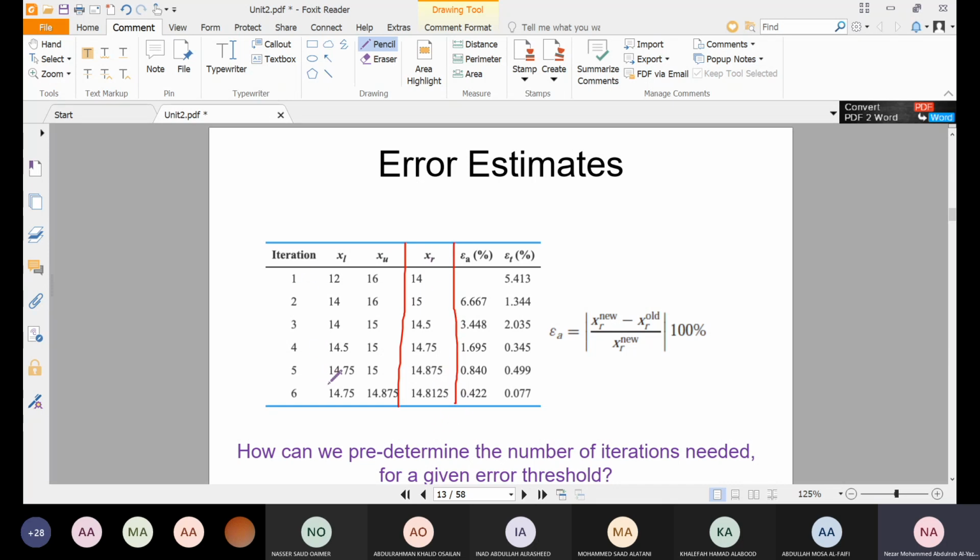If we increase the number of iterations, we will have more significant figures, or decimal places as well. So by increasing the number of iterations, we get nearer to the exact solution.